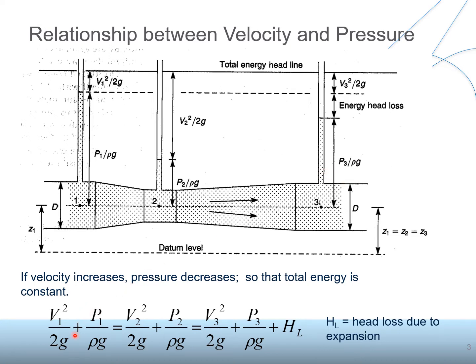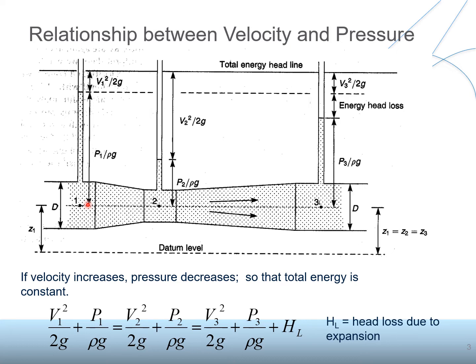Now, when we equate the energy between 2 sections, when there is a flow, there will always be some kind of head loss, and we need to include that in our equation. So ideally, in an ideal fluid, there will be no head loss, but we are always dealing with the actual fluids.